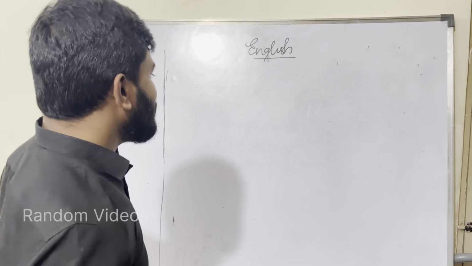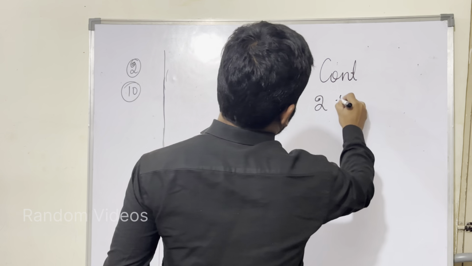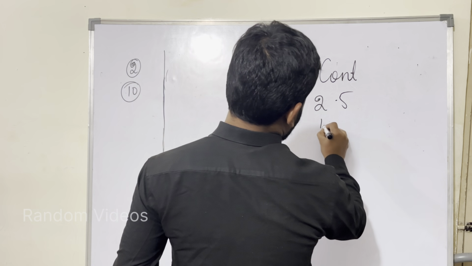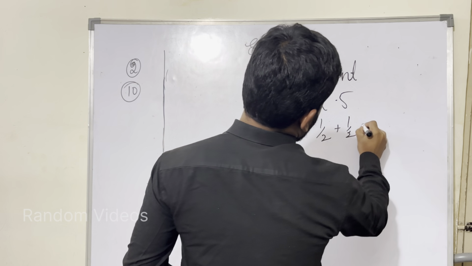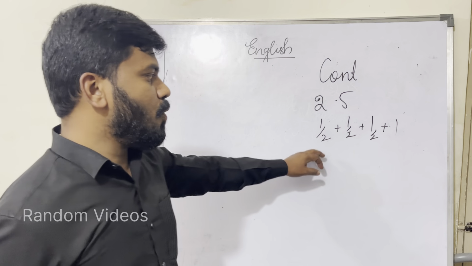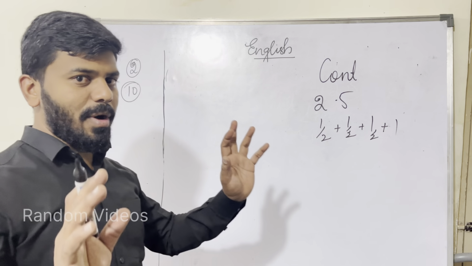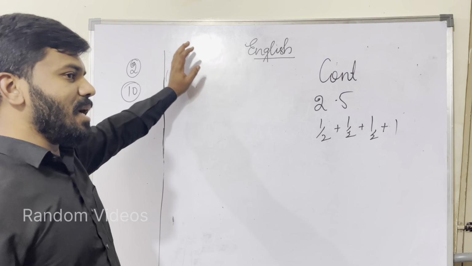Okay, so let us move to the content now. Content part, as I said, it has got 2.5. This is divided like half plus half plus half plus 1 mark. So you are supposed to write 4 points in which one will be a main point. The question will be asked.